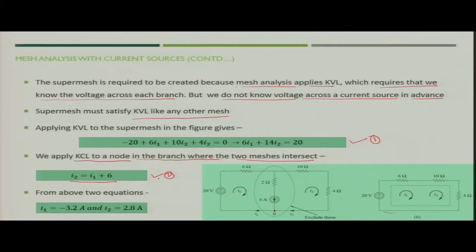These two equations are very easy to solve. You get the value of I1 as minus 3.2 ampere and I2 as 2.8 ampere. With this you can easily solve these kinds of circuits where you have current sources connected in the network.